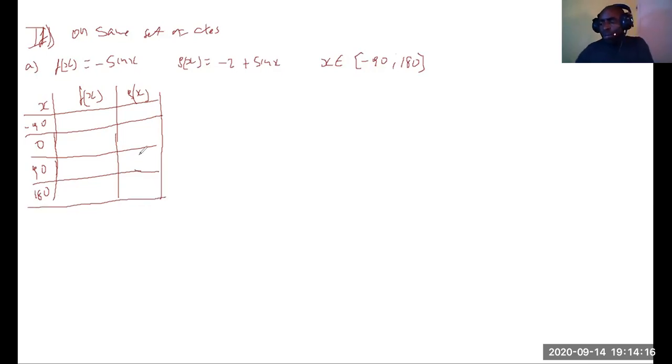So then we go to our calculator. We have got f of x, which is the negative sine x, then the second one, now we have got sine x minus 2.